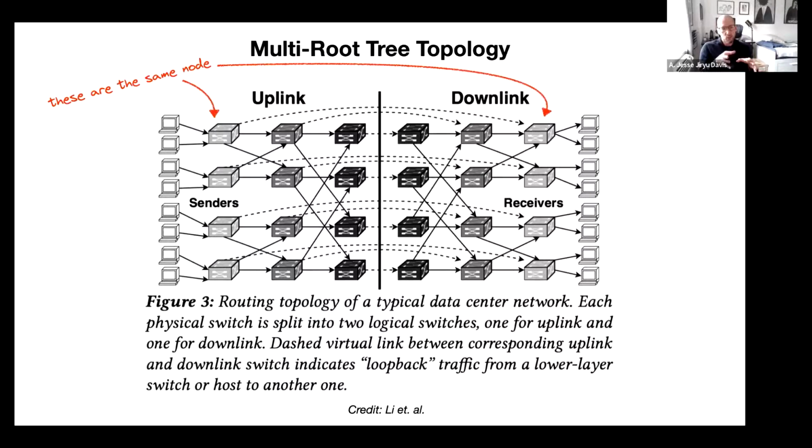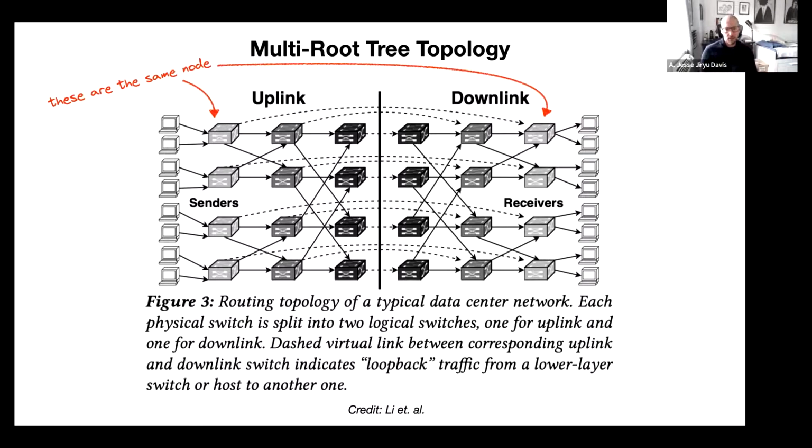You're just representing the sender character of the node as distinct from the receiver character of the node. That means that if you kind of slice the network in half and spread it out like this, it's a directed acyclic graph, and all messages always flow from left to right, never in the other direction.